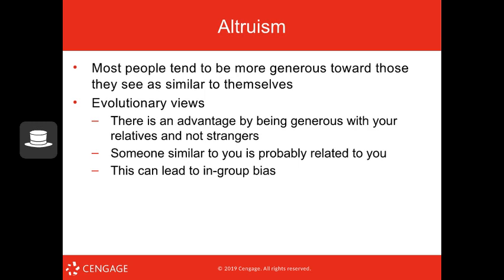We assume that people who have similarities to us are better people. That's just what we assume. That is what's referred to as an in-group bias, right? We see somebody wearing a different jersey and we automatically assume that they're a scumbag. We see somebody wearing the jersey of the team that we love and we assume that they're the best person in the world.